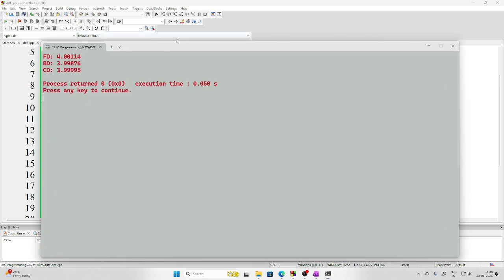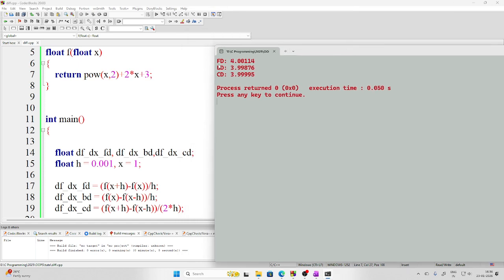And then again, now you can see that the forward difference is giving you a value 4.00114, the backward difference is giving you 3.9987 and the central difference is 3.999994.